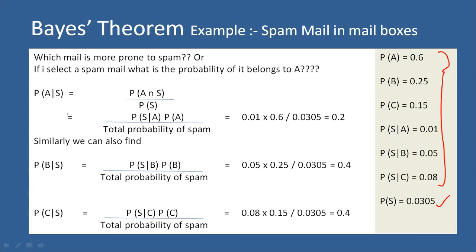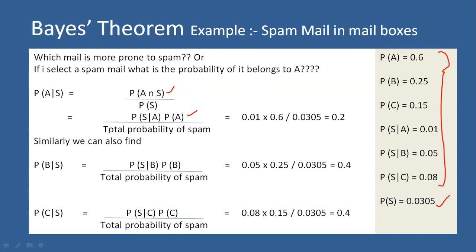Now we are going to calculate P of A given S. That is, the probability that a spam mail coming belongs to mailbox A equals P of A intersection S by P of S. P of A intersection S we can rewrite as P of S given A into P of A. We have these two probabilities, P of S given A as 0.01 and P of A as 0.6.